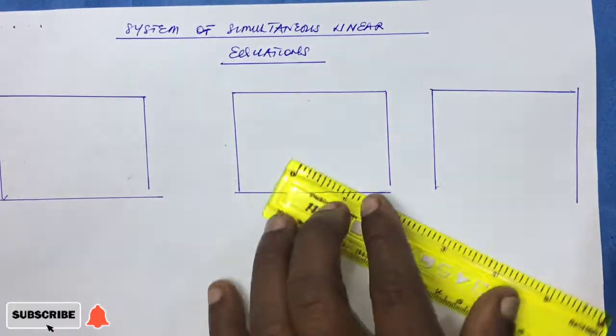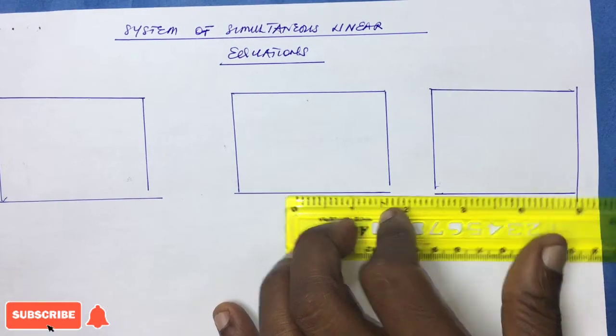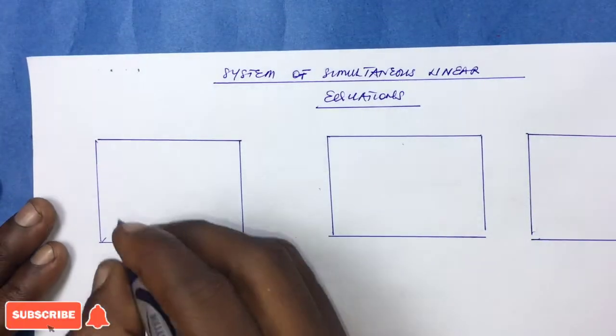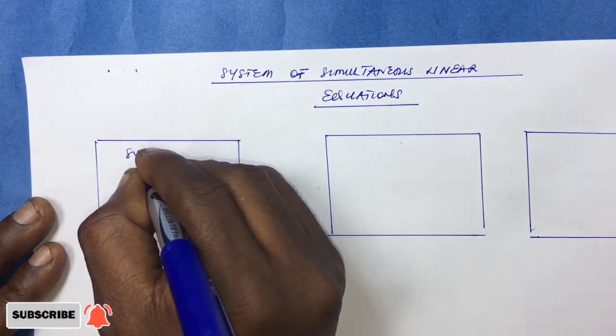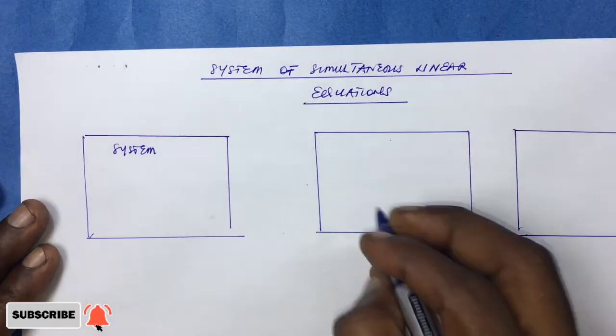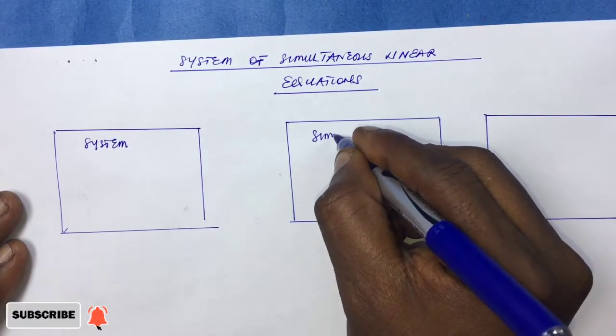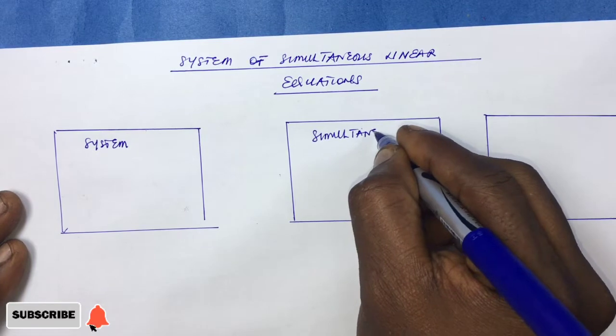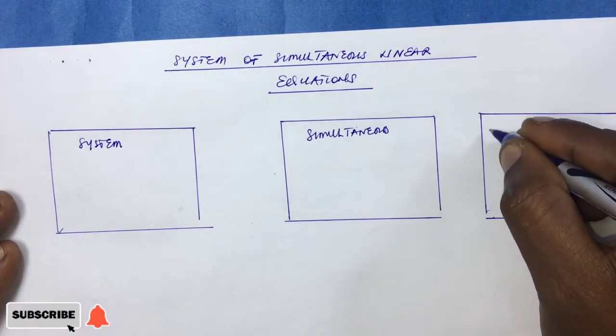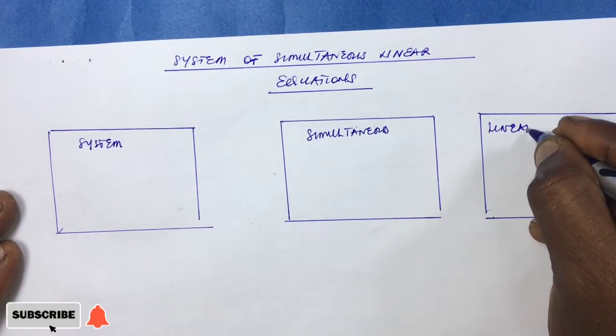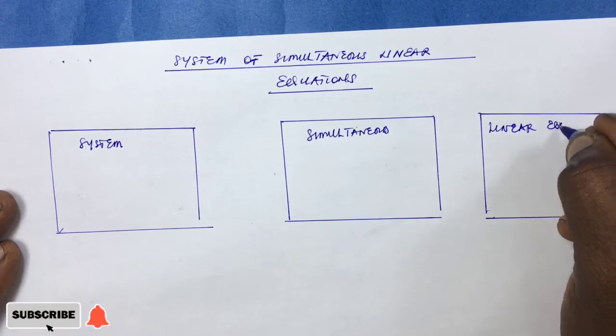So in the first, I have system to explain what it means. In the second, I have simultaneous. And in the third, I have linear equations.